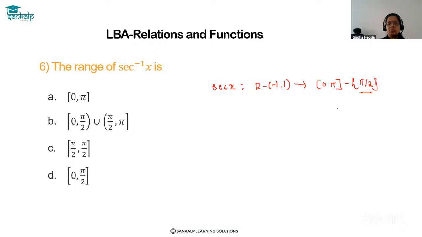At pi by 2 secant is not defined, therefore secant inverse does not exist at pi by 2. So secant inverse is from where to where?